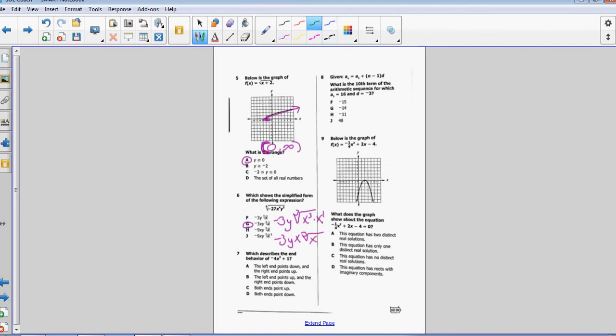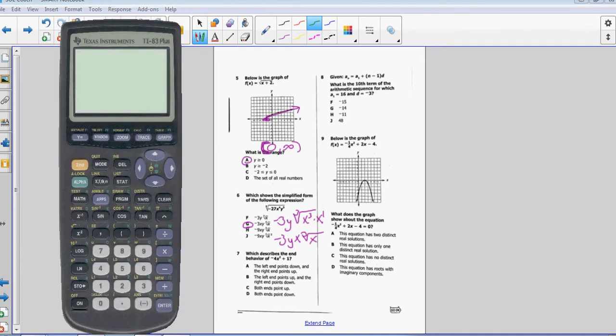All right, problem 7 asks about the end behavior of negative 4x squared plus 1. Well, that would be a good problem to look at your graphing calculator for. So press your on button. Let's try that again. And your y equals, and put in the negative 4x squared plus 1.